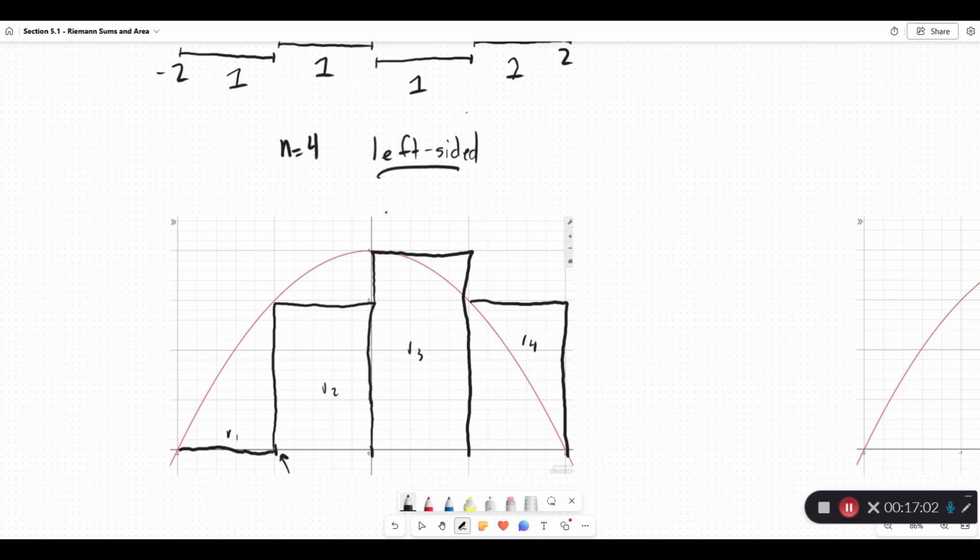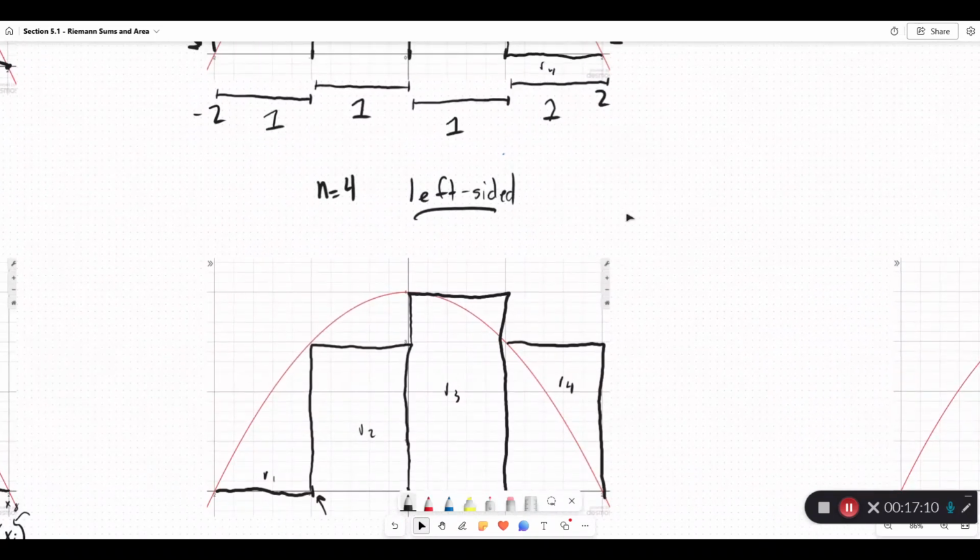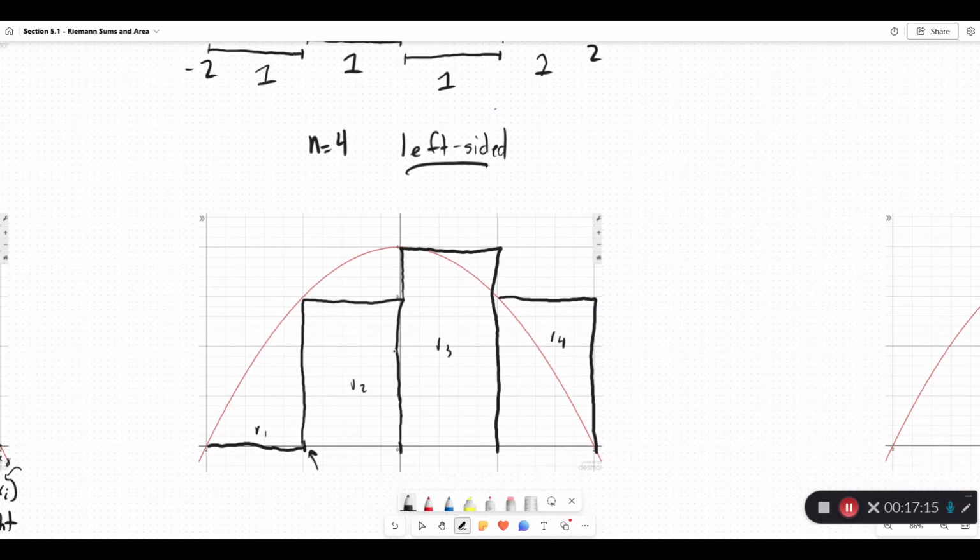Now, it just turns out for this specific function, it's not a meaningful difference. If you compare this one to this one, you might just see it as being flipped, and that's just a quirk of the specific function that I chose. But ultimately, the important thing is, I can choose the left-sided or the right-sided. As long as I choose n large enough, it's eventually going to approximate it. So you could also imagine, what if we came in here and we did some more left-hand shenanigans?